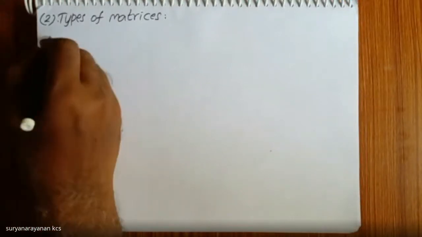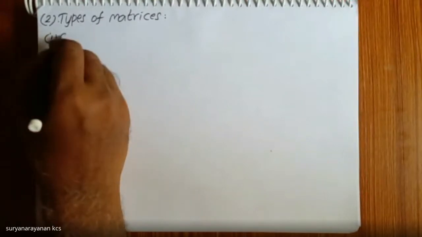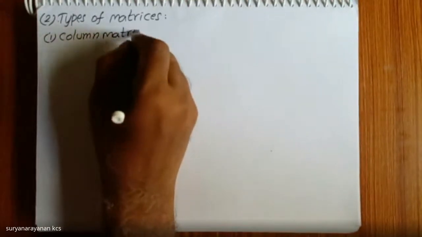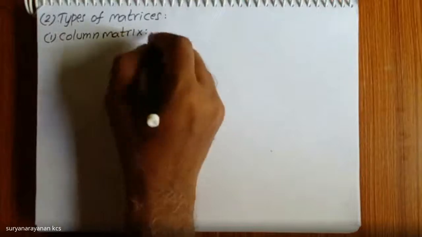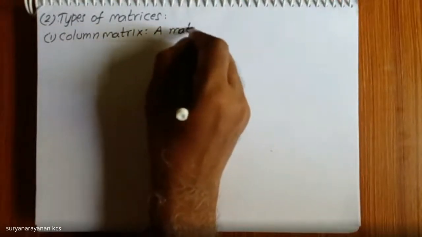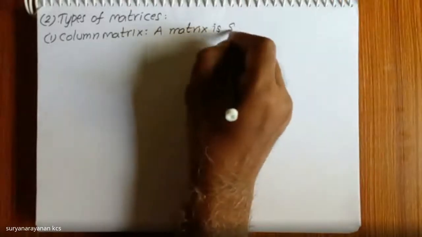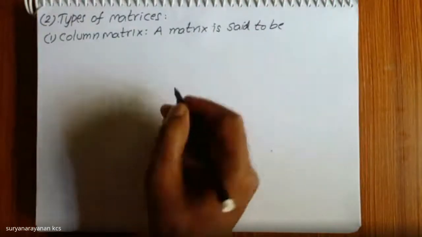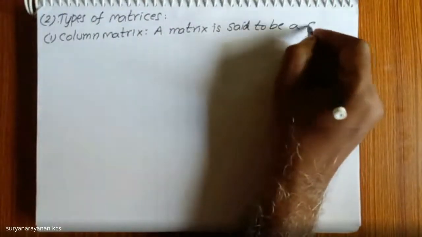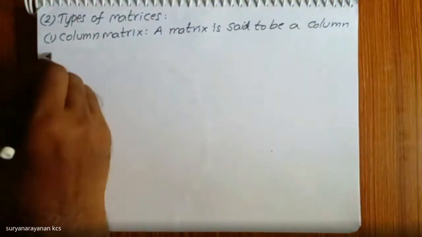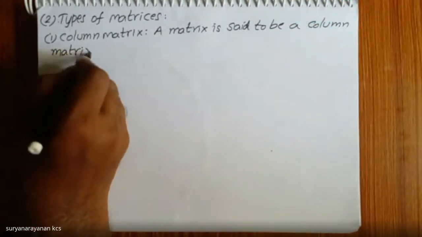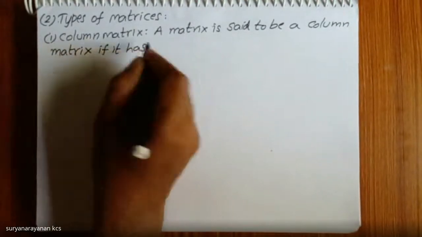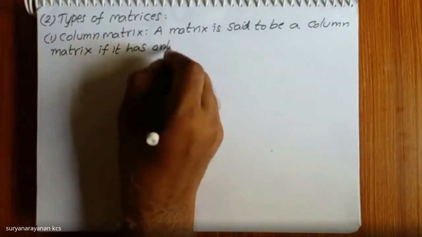The first one is column matrix. A matrix is said to be a column matrix if it has only one column.